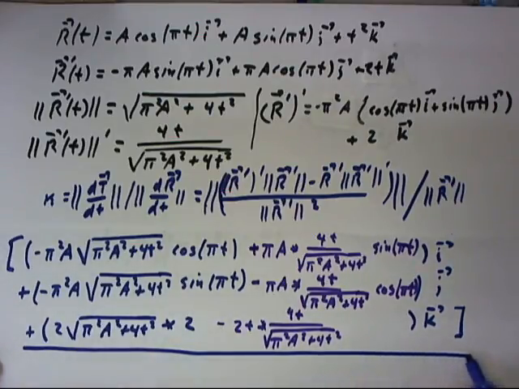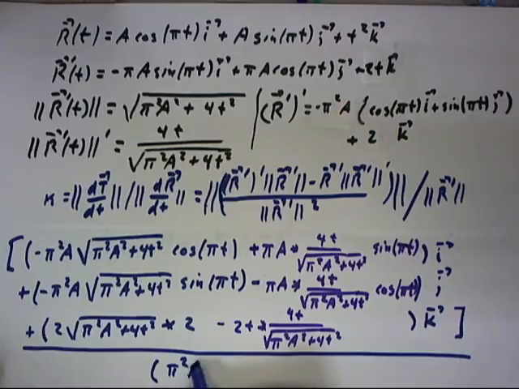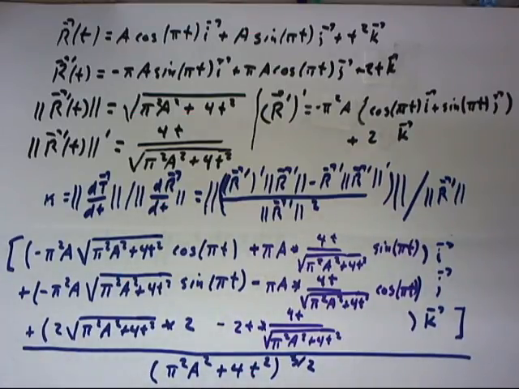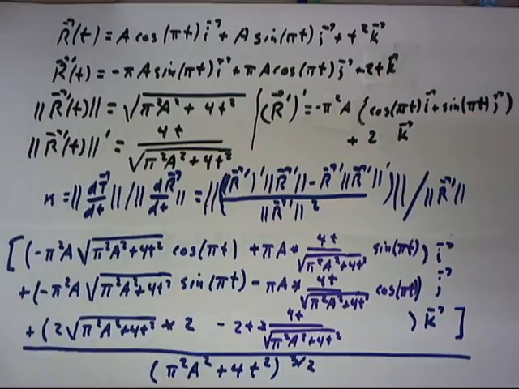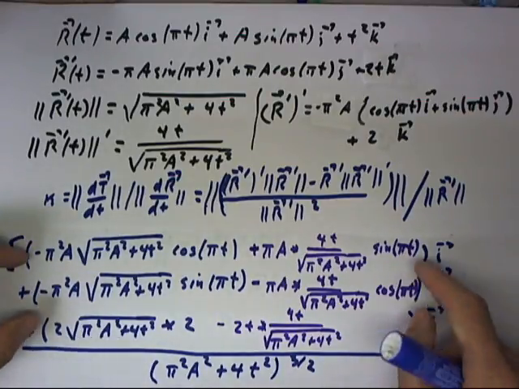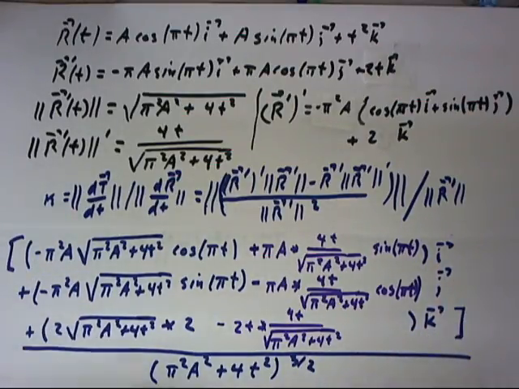So let's just go ahead and put a big old denominator here, and let's then put pi squared a squared plus 4t squared to the 3/2 power, an equal sign here. And this expression, once we check it over, should be equal to the curvature.